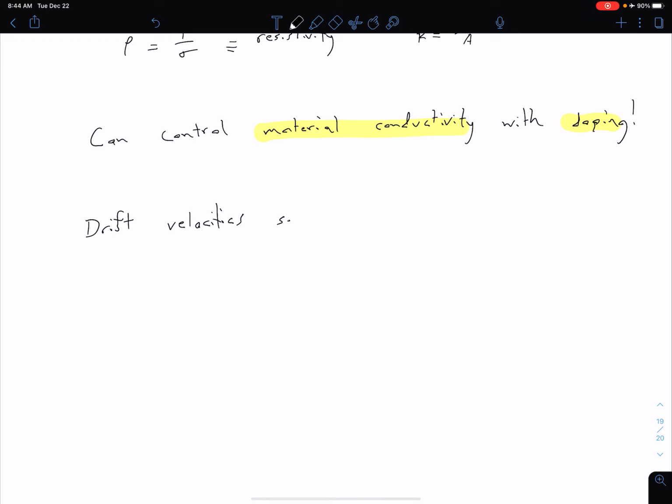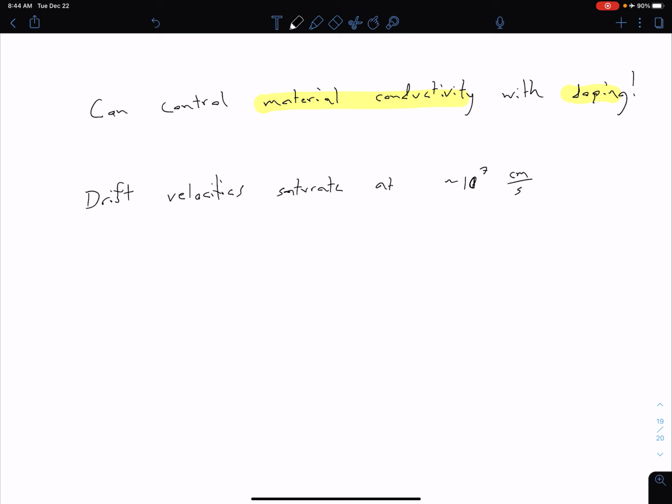Our drift velocities saturate at about 10 to the 7th centimeters per second. And by saturate, I just mean that's the upper limit. We can't have our charge carriers moving faster than that in our semiconductor.